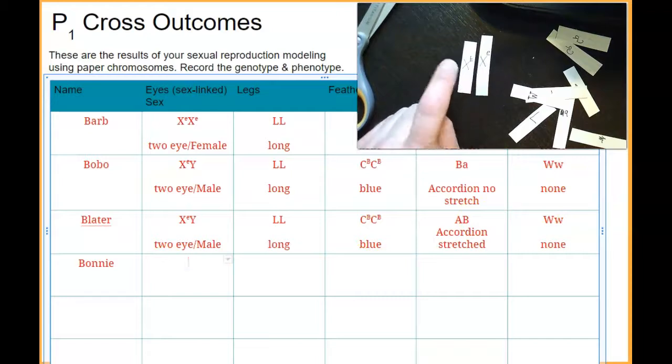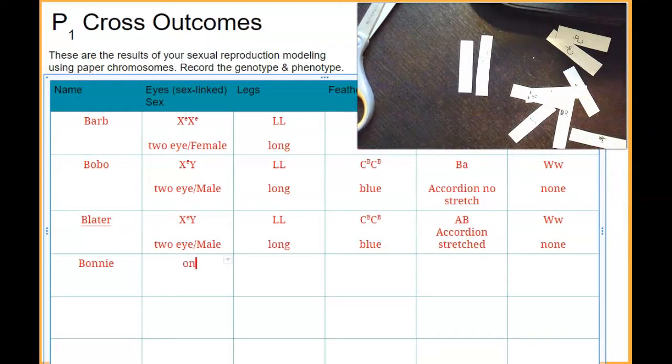We know that dominant is 1-eyed. So unlike her siblings, she's going to have 1 eye, which is dominant. And she's going to have this as outcome. She's got X with a superscript E, X with a superscript E. All right, she's 1-eyed, and she's female.